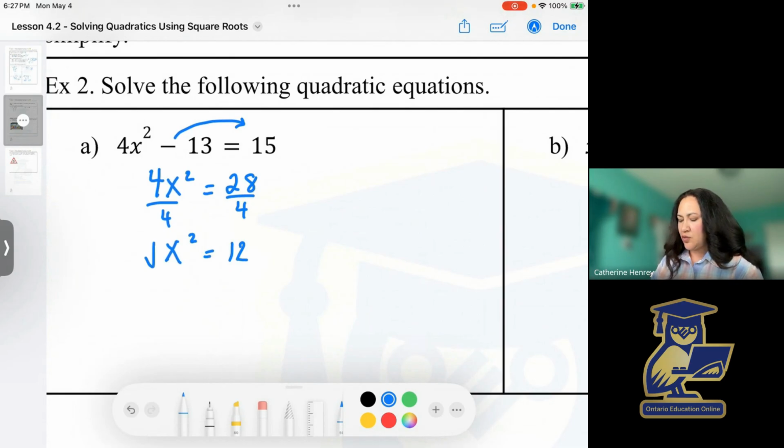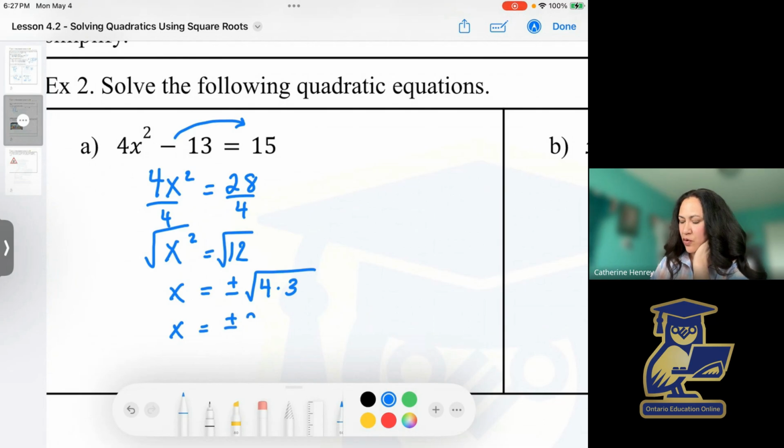And then I take the square root of both sides. So x is going to be equal to plus or minus. And let's go ahead and split that 12 up into a perfect square number of 4 and 3. So in this case, x equals plus or minus square root of 4 is 2, but that 3 has to stay under the radical sign. So here we have to apply the rules, the product property of radicals, square roots.